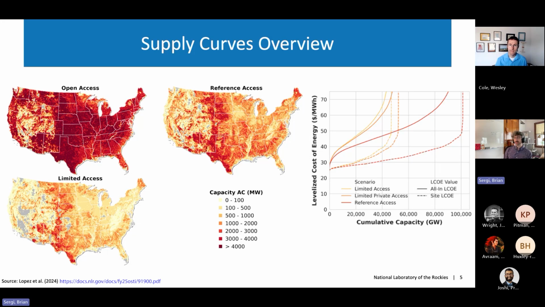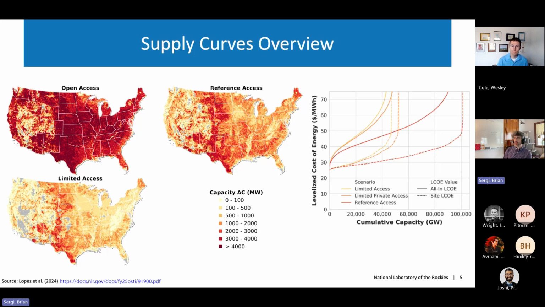You can think of open access as the most relaxed, where there's probably the most technical potential, and limited has the least. The maps are then basically depicting how much available capacity you have by location based on these different siting regimes. And so from these supply curves we can get spatially where the available land and thus potential deployable capacity is for the different resources.